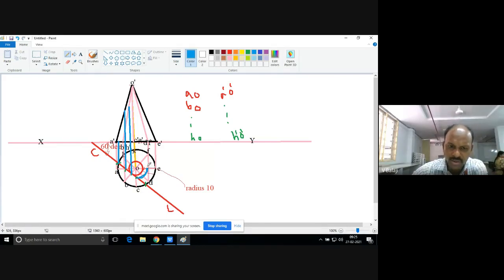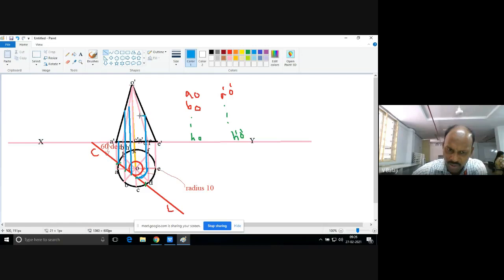Then I need to draw one projector. Up to where I need to extend? E dash O dash, because I have taken the circular arc onto EO. So E dash O dash is the ending point.